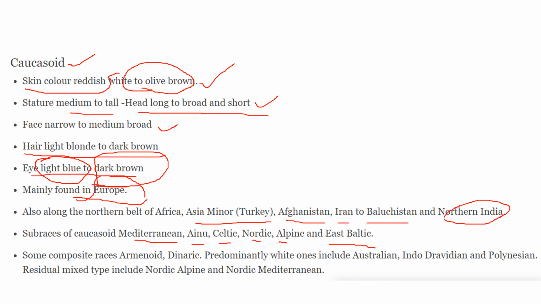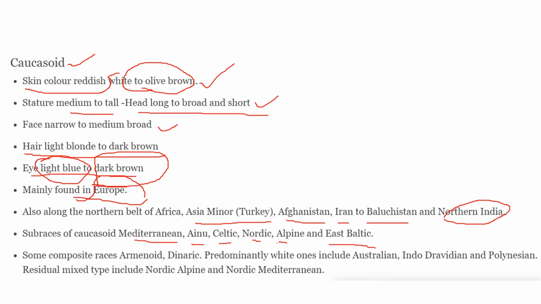Then some composite races, humanoid, dynamic, predominantly white ones, include Australian, Indo-Dravidian, and Polynesian. Residual mix types include Nordic Alpine and Nordic Mediterranean. They are also categorized into such a category.